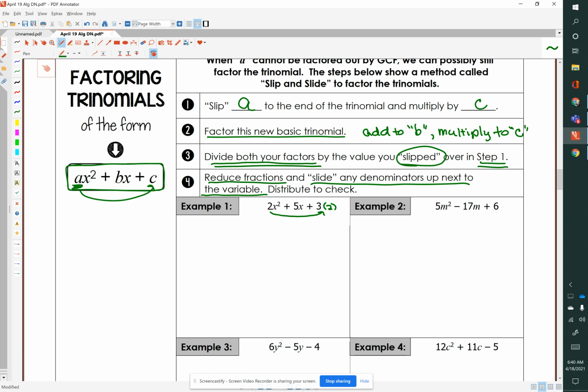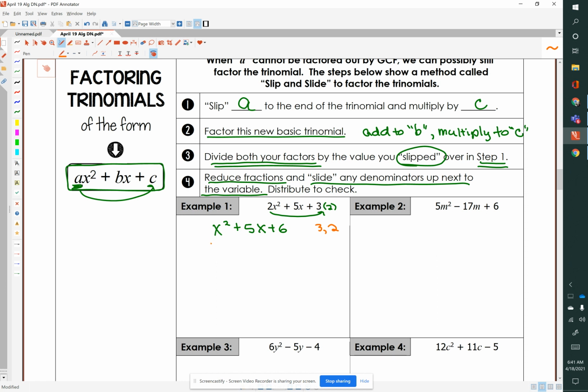and multiply by 3. And our new trinomial is x squared plus 5x plus 6. Now we're going to factor this as we did last week. So I need two numbers that add to 5 and multiply to 6, and that would be 3 and 2.